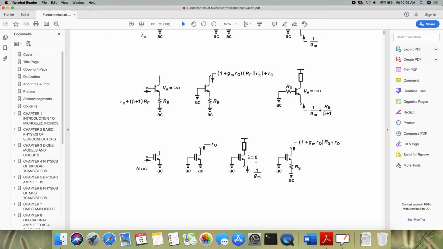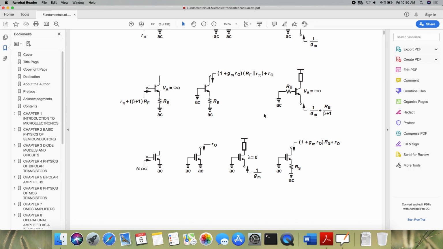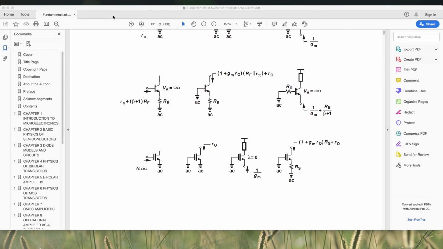Similarly, these three also. Notably, looking from here is 1 by GM, but looking from the top is something different. We have to calculate that. That's the next topic of discussion. And this one we have not talked about till now. We'll talk about that. But is there any doubt in this one till now? Any doubt? Okay. So that's all for today.